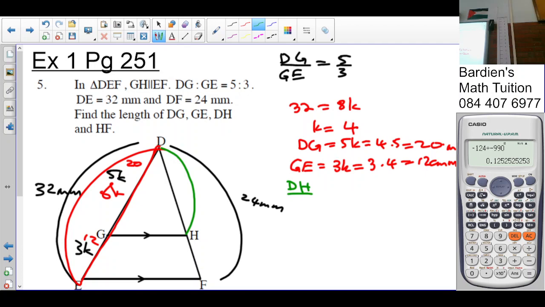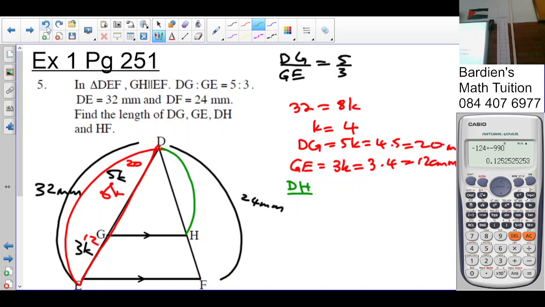Can I go with HF? No. Why? There's a DH and HF is unknown. That's why I'm not going to go with HF. DF. Yeah, DF. Why am I going with DF? Because I know that is 24.